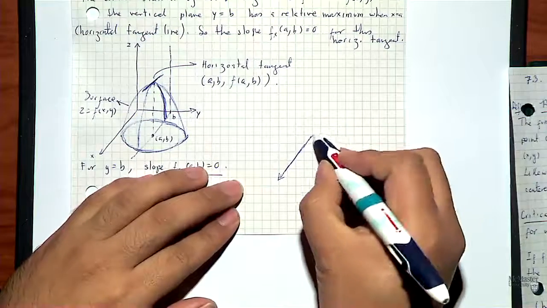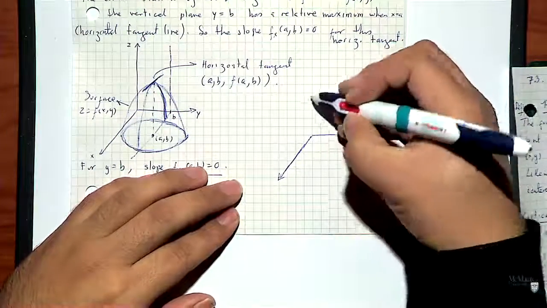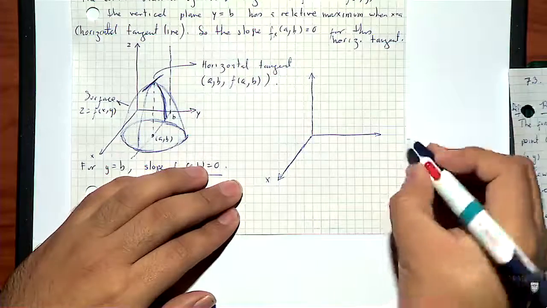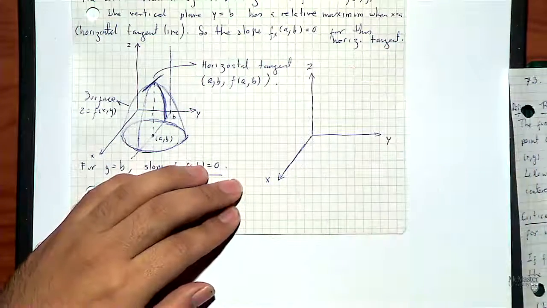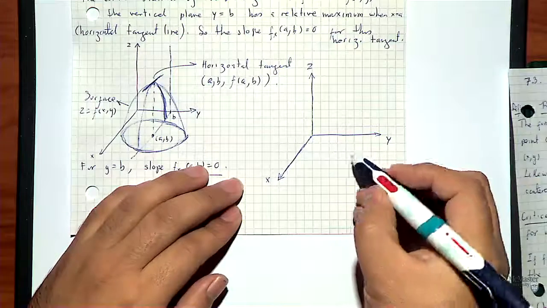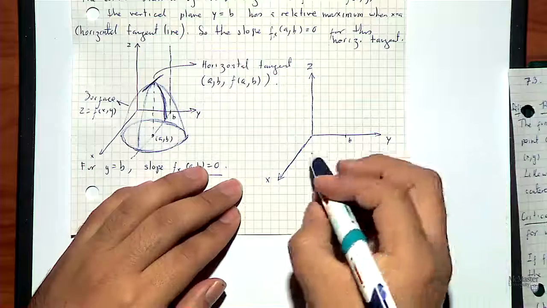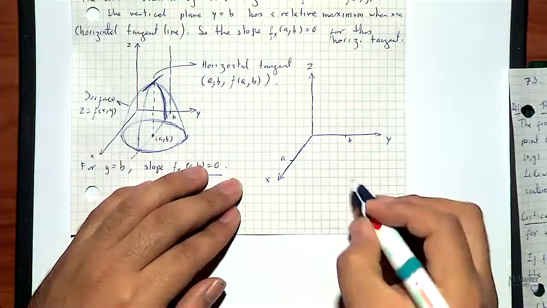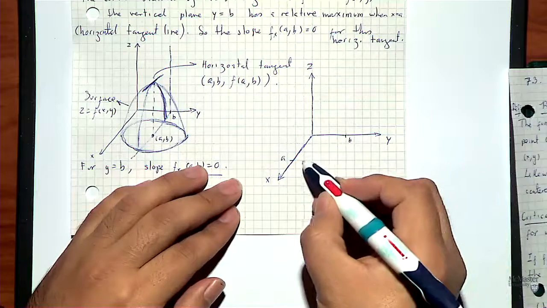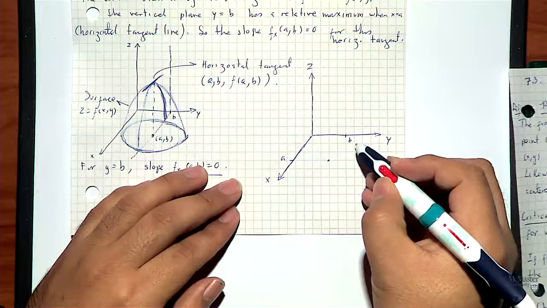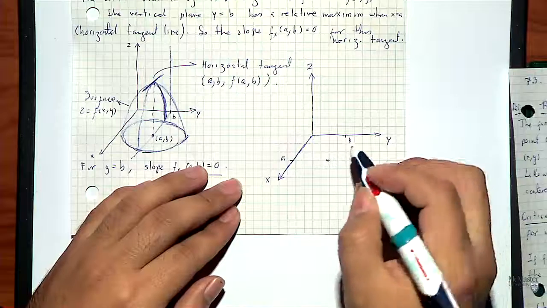So, in that case, you have x, y, z. Again, you will have the point with coordinates a and b. Let's say that a is here. Something like this.